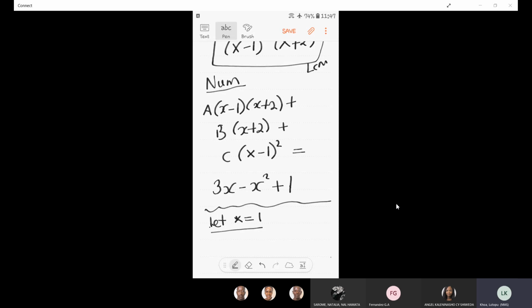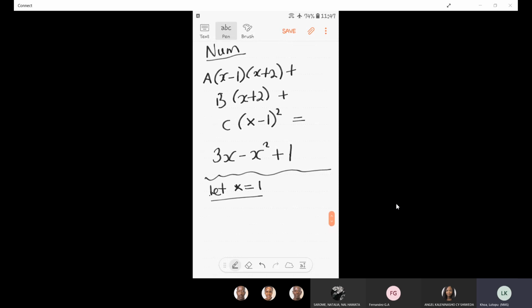So when x is equal to 1, you can see that this term over here will disappear because I have 1 minus 1, which is 0. This term over here, the C, will also disappear because I have 1 minus 1, which is 0. 0 squared is still 0. So the only term left will be the one with B. So I have B, and then I have 1 plus 1, 1 plus 2.